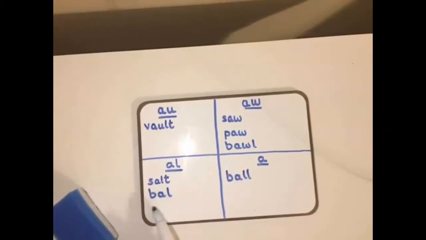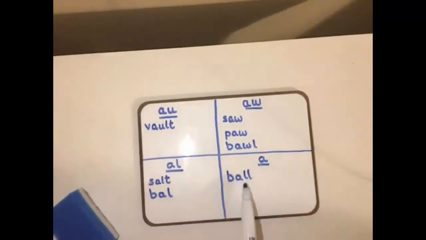Ball, is this spelled correctly with just A and one L? No, but when we put an A and then we put two L's with it, it is correct. Now, you might have written it this way over here, and I would not tell you that you're wrong, okay? I chose to put it here because of the two L's on the end.